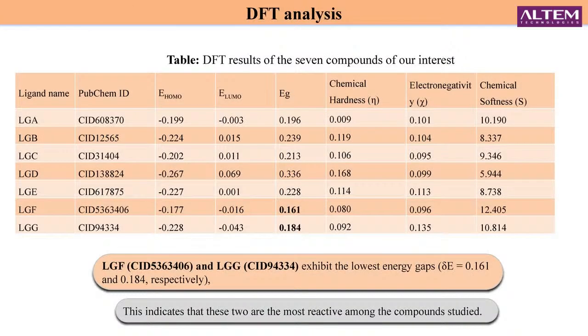Next, we went ahead with the DFT analysis of the 7 compounds, and I will not go into the details because this DFT I have already covered in another talk. Here I would only say that we have used various parameters for screening, and on the basis of these parameters, you can see the HOMO-LUMO gap is the lowest in the LGF and LGG.